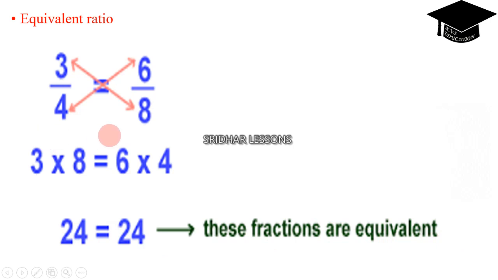So if we want to check whether two ratios are equivalent or not, we simply go for cross multiplication. If the left hand side value is equal to the right hand side, then the fractions are said to be equivalent.